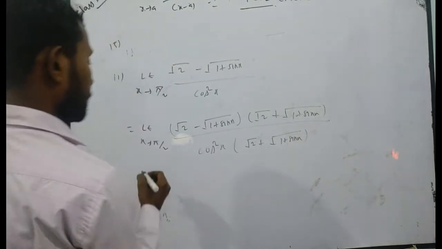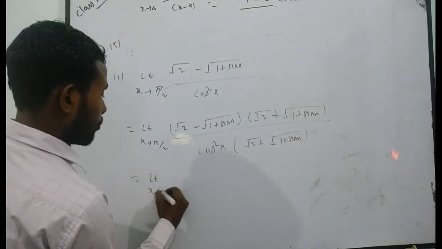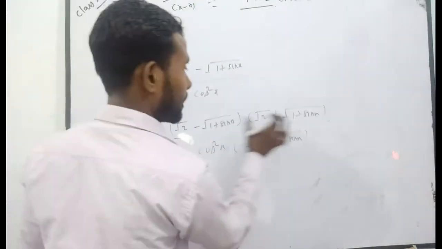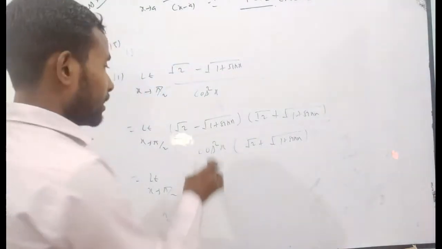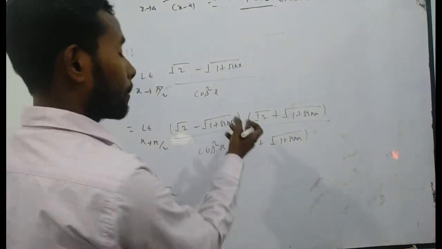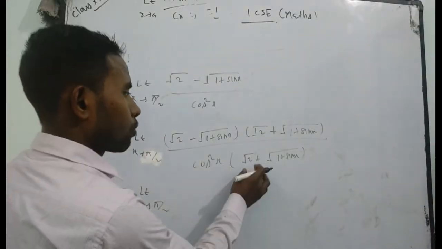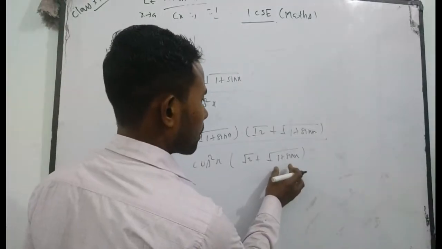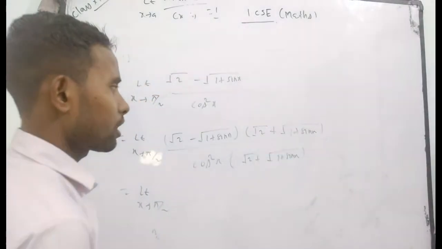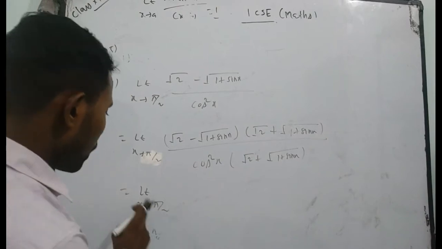Now after simplifying the numerator, a plus b into a minus b is equal to a square minus b square. So root 2 square is 2, and root under 1 plus sin x whole square.